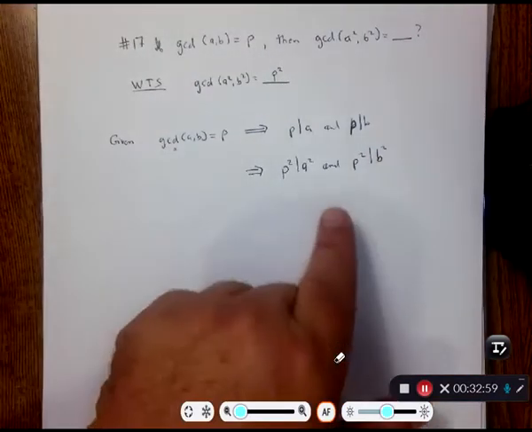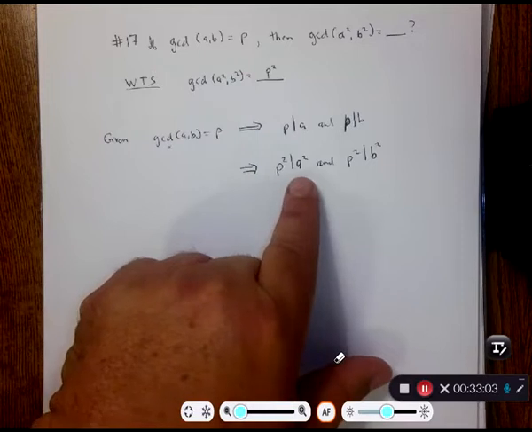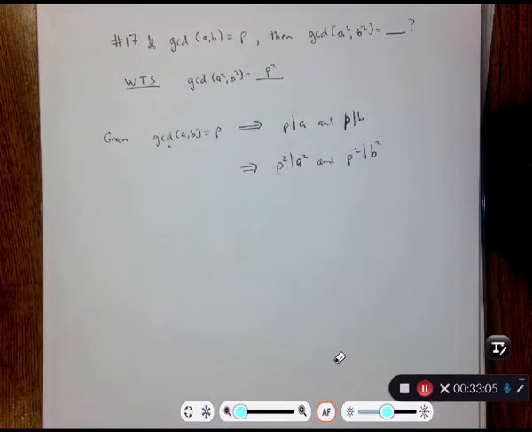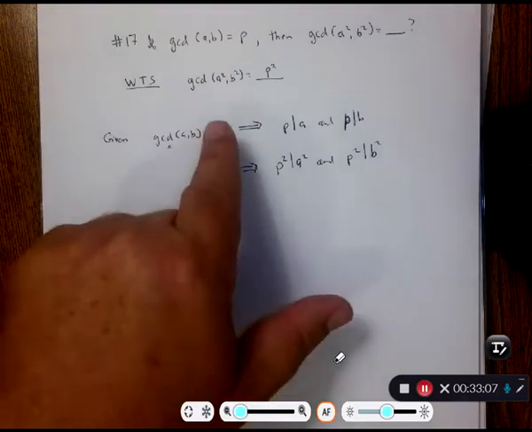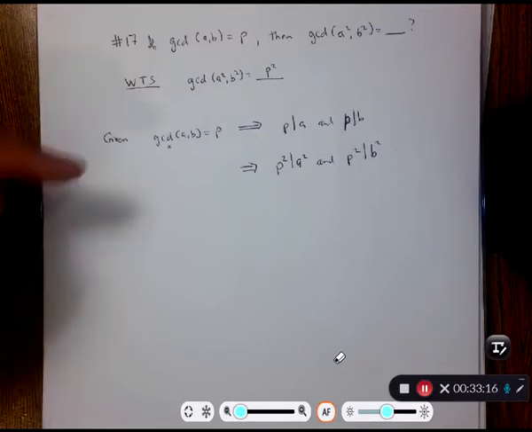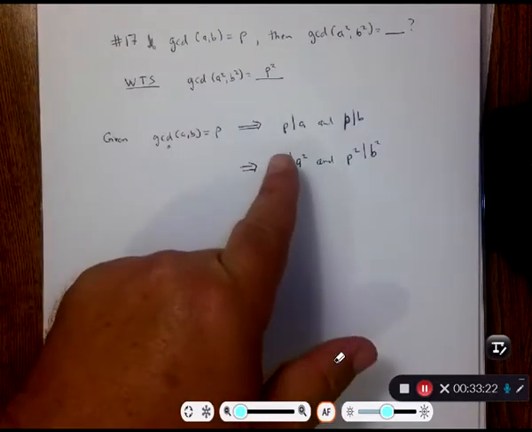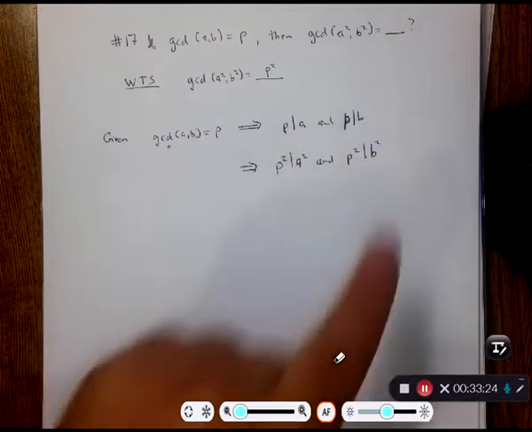So I know that P squared is going to be a common divisor of A squared and B squared. That's the first part of showing that the GCD of A squared and B squared is equal to P squared. I got P squared dividing A squared and P squared dividing B squared based upon what we were given, the GCD of A and B being P, and by definition of GCD, P divides A and P divides B.